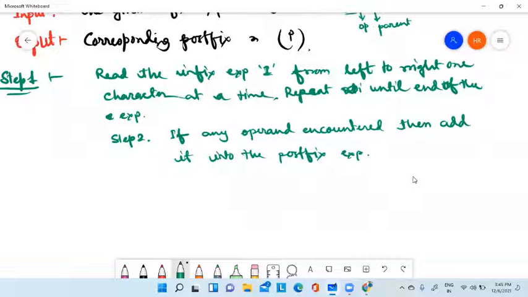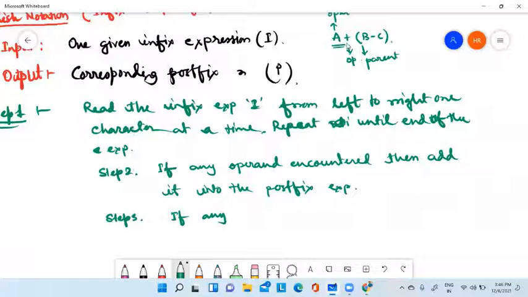Then step 3. We can encounter an operand, an operator, a left parenthesis, and a right parenthesis. These are the 4 things that we can encounter in any expression.